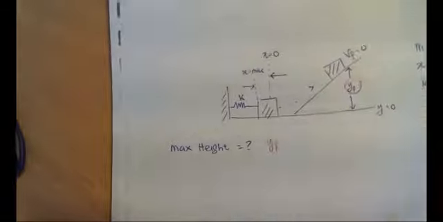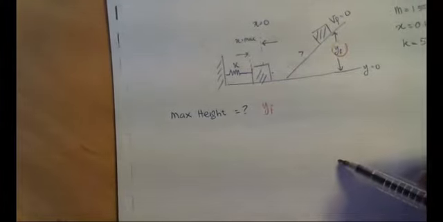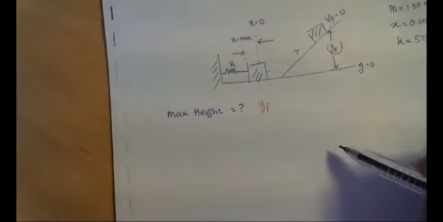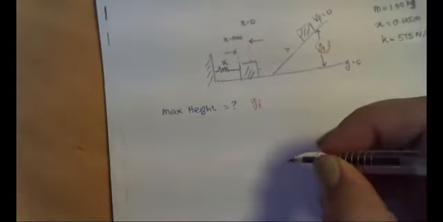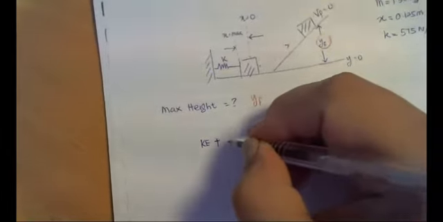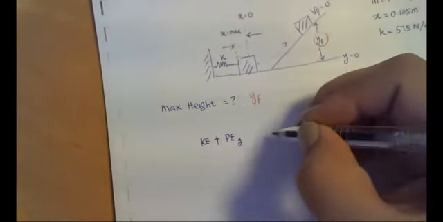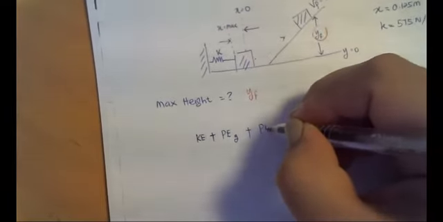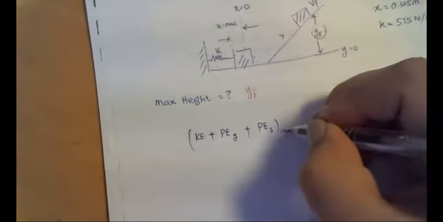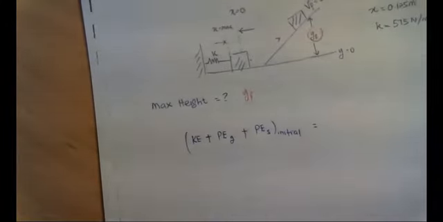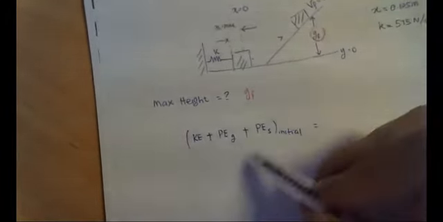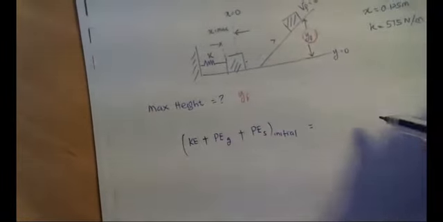To start, I use the conservation of mechanical energy, which states that when you have a spring in your system, kinetic energy plus gravitational potential energy plus spring potential energy initial is equal to a constant, where everything in here also exists in here.